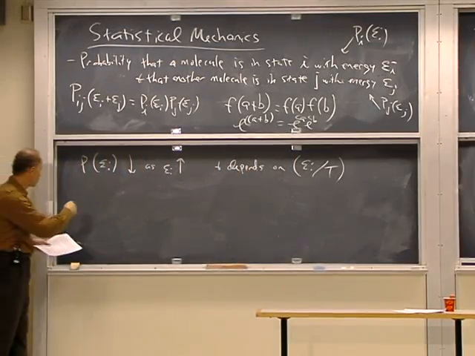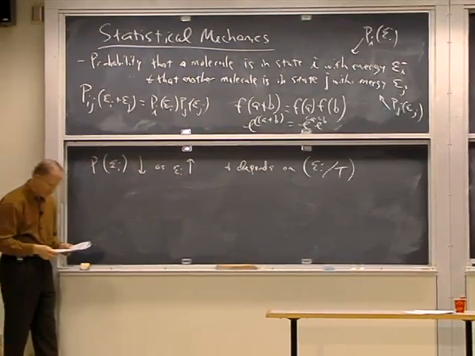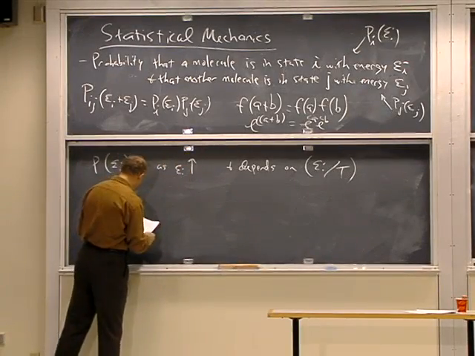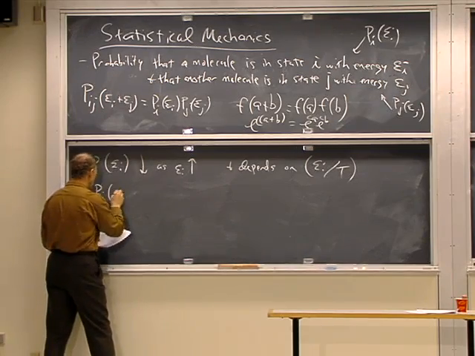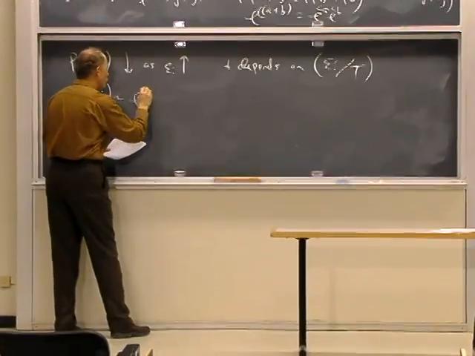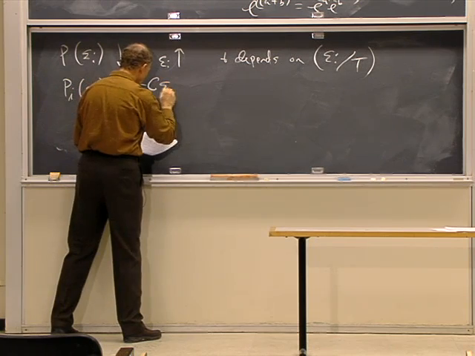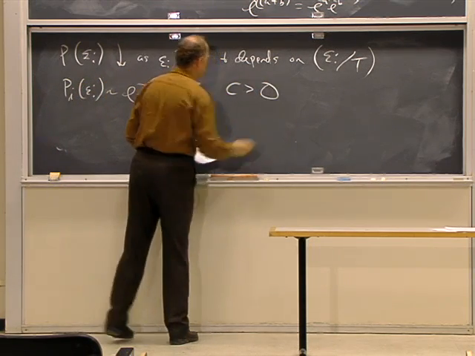And now let's just use the little bit of physical intuition that we're thinking about here to refine this just a little bit. Let's write, we expect that Pi of EI is some exponential to the minus C EI over T, where C is some constant greater than 0.